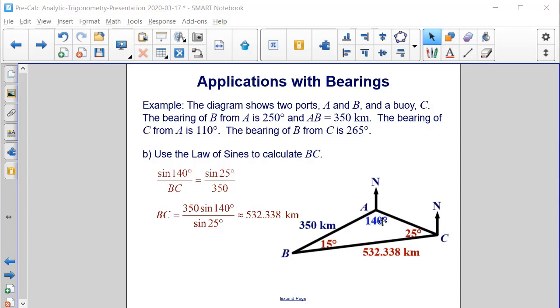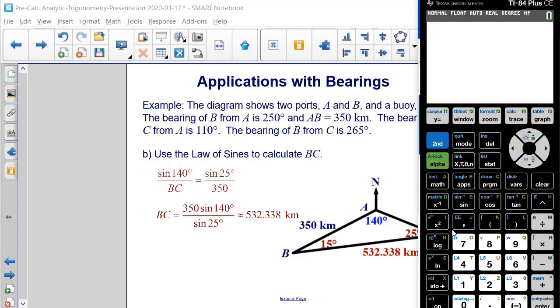BC is across from 140, so we're going to do the sine of 140 over BC is equal to the sine of 25 over 350. And when we cross multiply and divide, we get that BC is equal to 350 times the sine of 140 divided by the sine of 25.